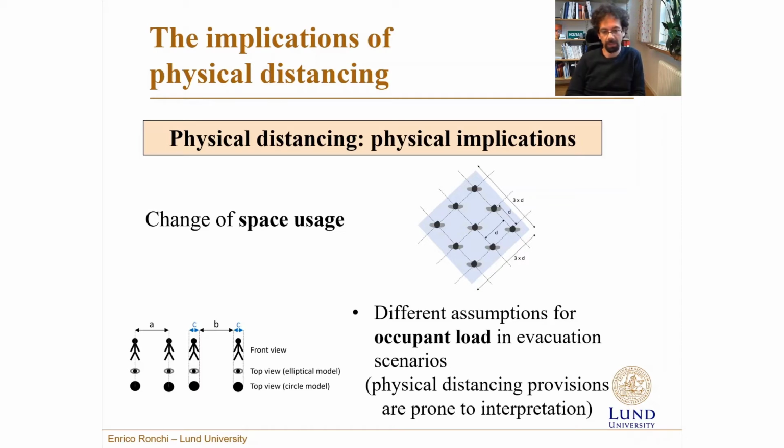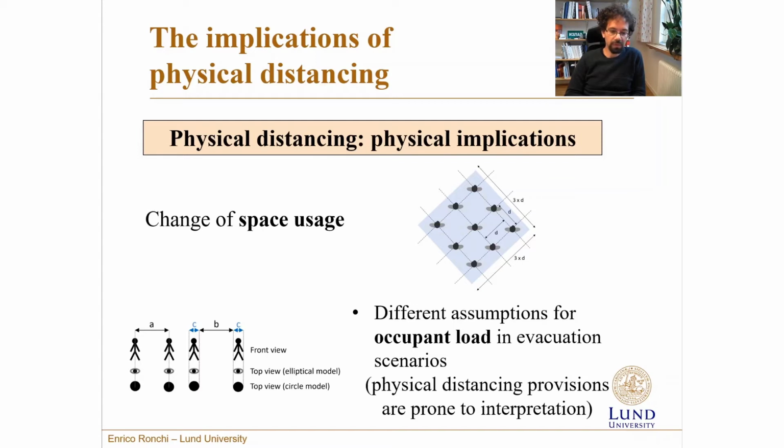From that perspective, we know that this unfortunately has very negative consequences on the businesses and the stakeholders that deal with crowds. But we also know that all the provisions that are given concerning physical distancing and space usage are sometimes very prone to interpretation. Here I made an example linked to how we implement this in the evacuation model.